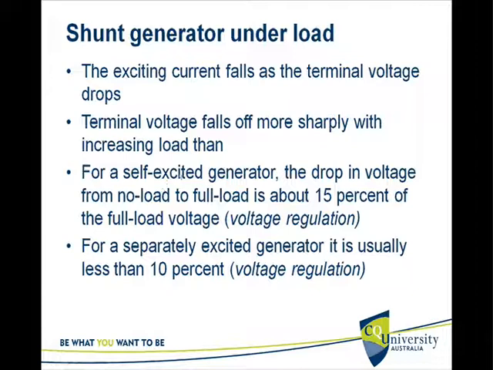For a self-excited generator, the drop in voltage from no load to full load is about 15% of the full load voltage. That's for a self-excited generator, whereas for a separately excited generator it is usually less than 10%, and this way of expressing the drop is called the voltage regulation.